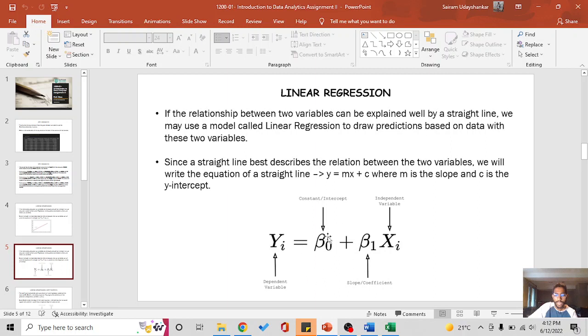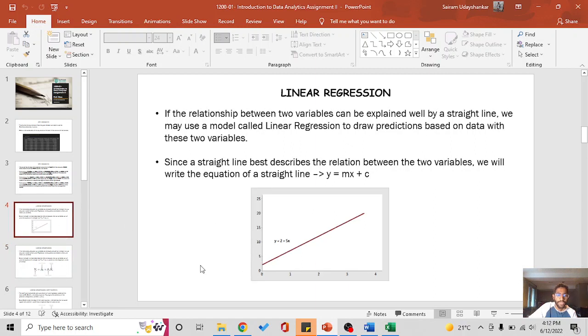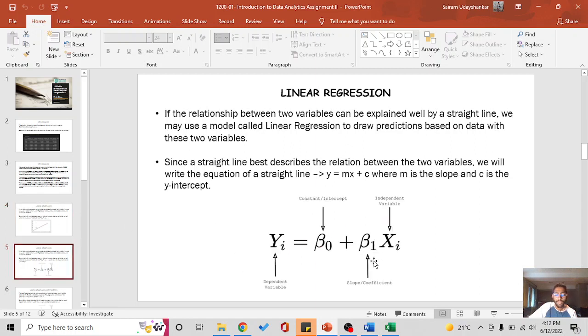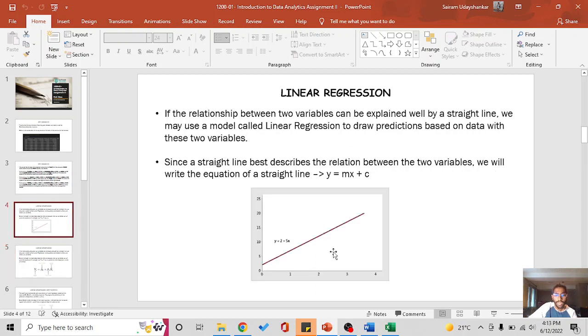Beta 0, as shown here, would be the y-intercept, basically where the line would intersect the y-axis, and beta 1, beta 2, beta 3, beta 4 onwards would be the coefficients, or basically the slope for each line and its relationship with the dependent variable y.